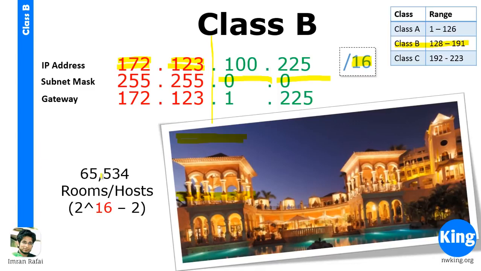Cisco says the ideal number of hosts per network should not be more than 500, because anything more than 500, the broadcast traffic is going to be so massive that the network is going to be very, very inefficient. So that's why we use subnetting, and we break this massive network into smaller segments. We will learn about subnetting in detail in the next video, but I'm just giving you a heads up of the reason we need subnetting.